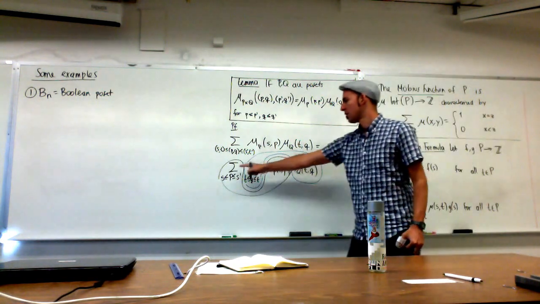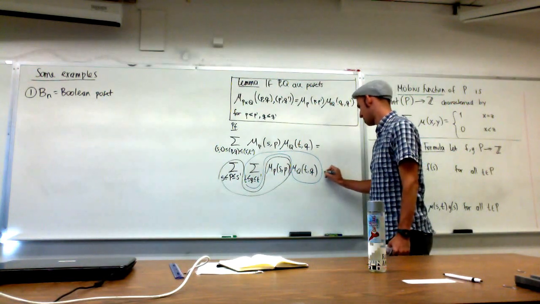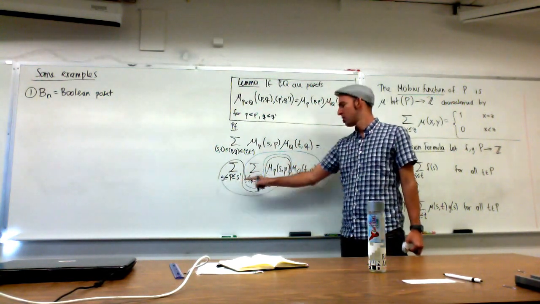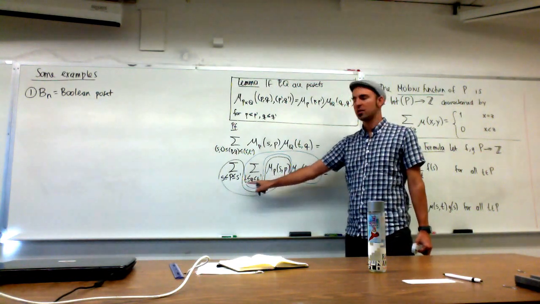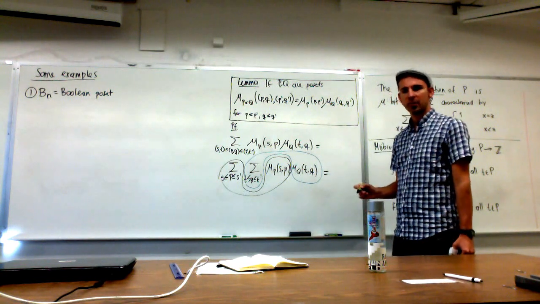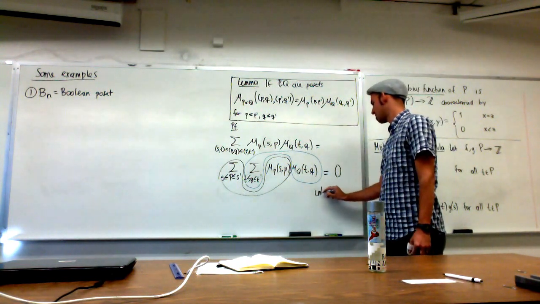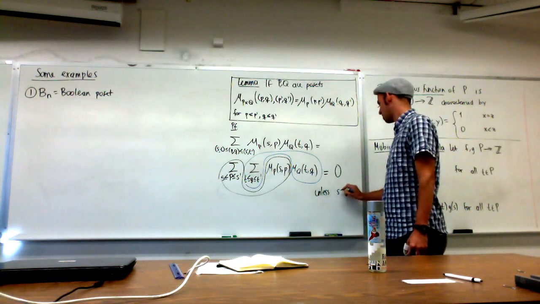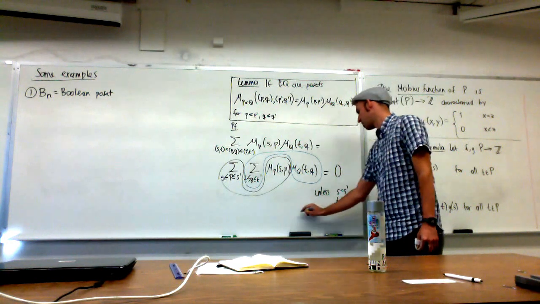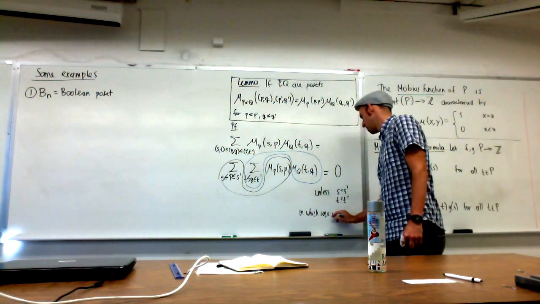I mean, the black sum is 0 unless S is equal to S prime, and the blue sum is 0 unless T is equal to T prime. Okay? So this is 0 unless S is equal to S prime and T is equal to T prime, in which case it is equal to 1.